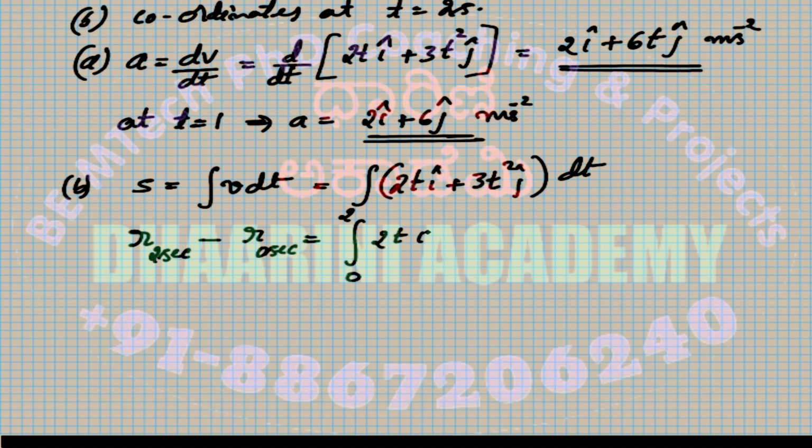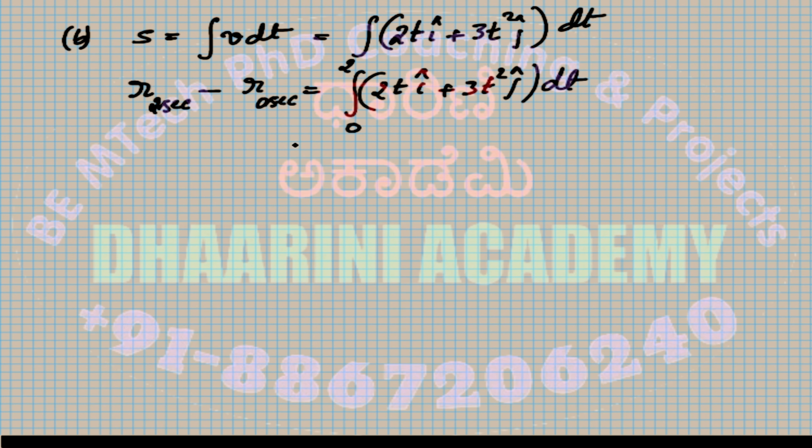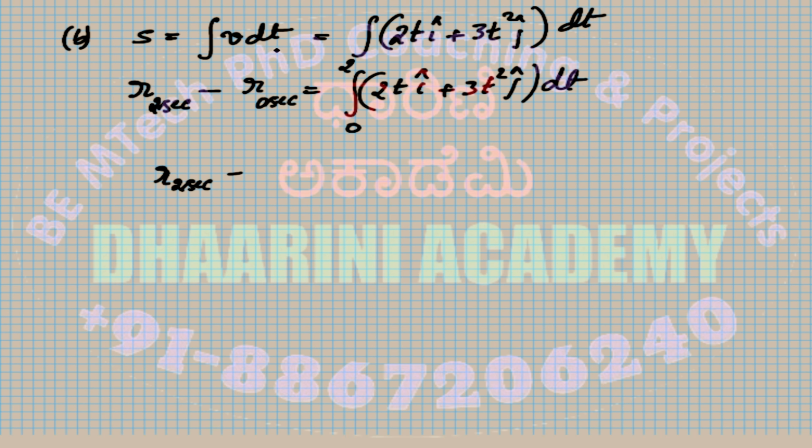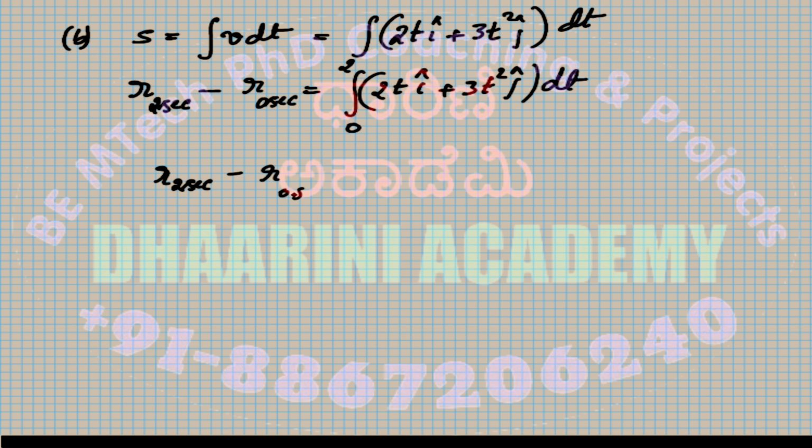This is 2t i cap plus 3t² j cap into dt. So r, that is the position vector at 2 seconds, minus the position vector at 0 seconds is equal to, let's do the integration first, then we'll see what we can do.